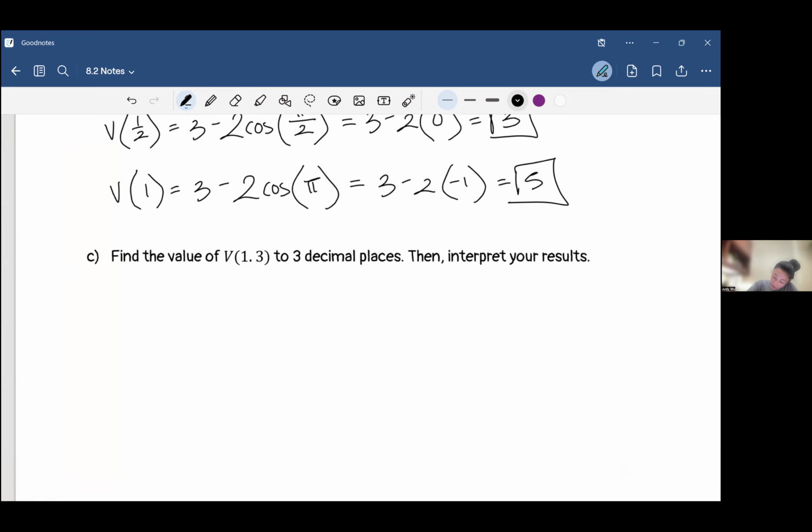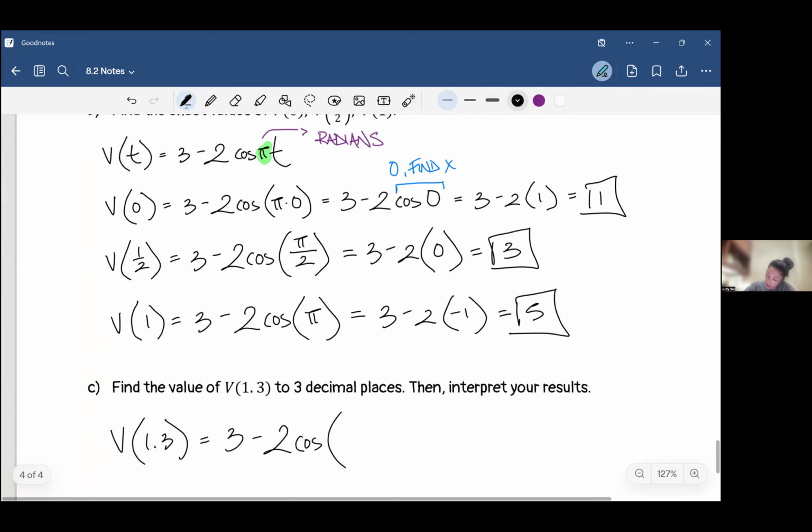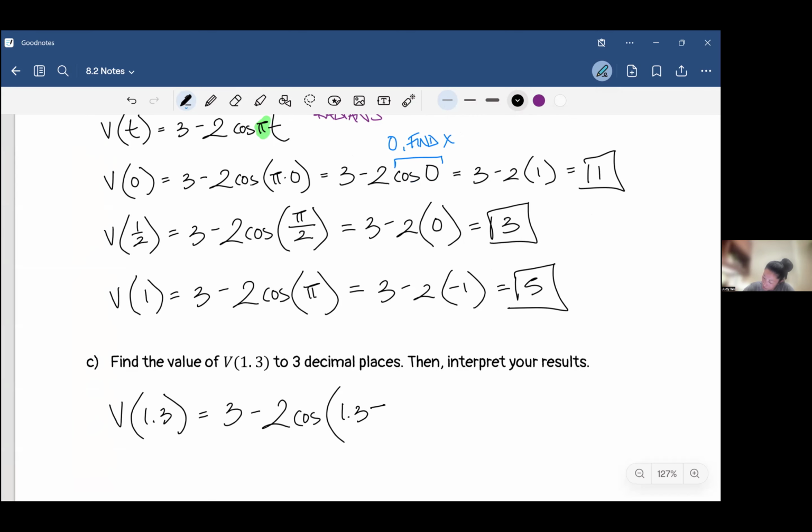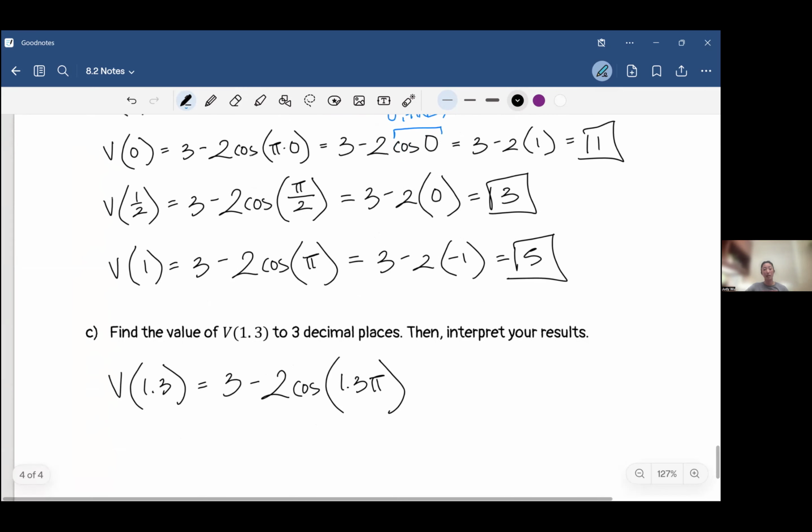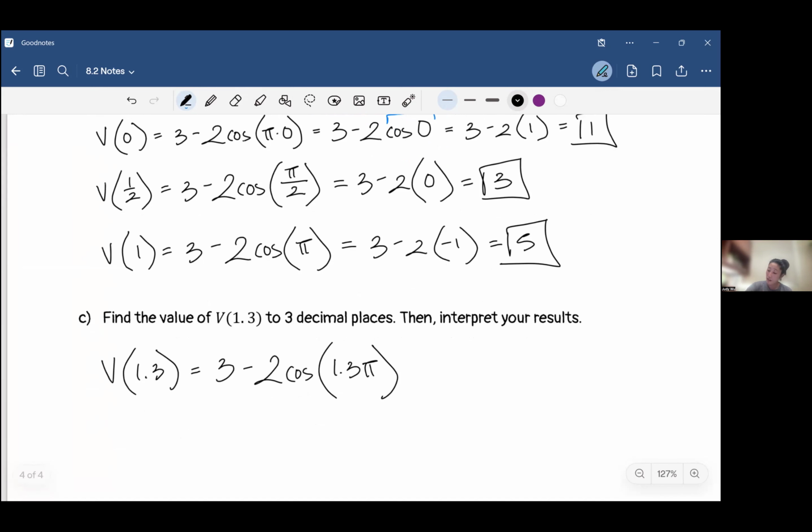Okay, so we're going to find v of 1.3. That means it's going to be 3 minus 2 cosine of 1.3 times pi. Right? Now, this is not a nice unit circle number, so I can just use my calculator. I just want to make sure that I'm still in radians.